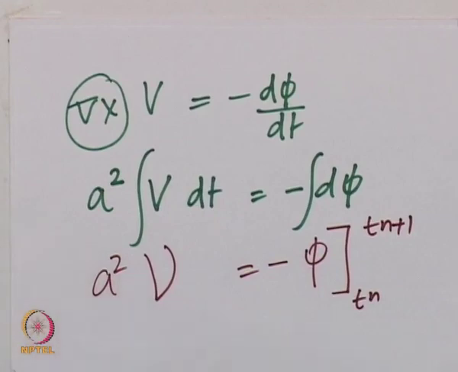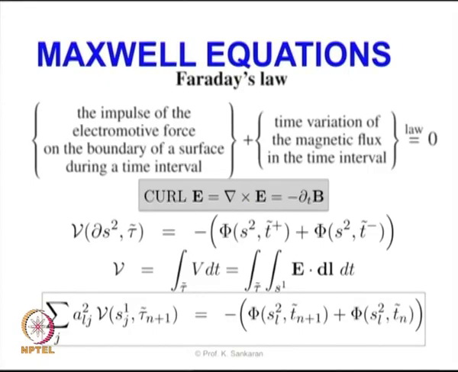So when you are integrating, this is what you get, and that is what you have got here in this equation: the right hand side, which is basically the curl formulation, and then the time integration of V, which is here, and the minus sign phi magnetic flux calculated at two different time instances, t n plus 1 and t tilde n. So this is an equation that has no vectors and only uses scalar quantities and no differential equation.